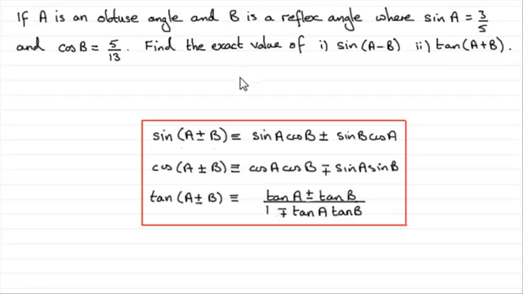Well, that's all very well, but you won't necessarily get exact values when you do the inverse sine and the inverse cos of these values. So how can we do this without working out the angles A and B? Well, this is how I would suggest you do these types of questions.